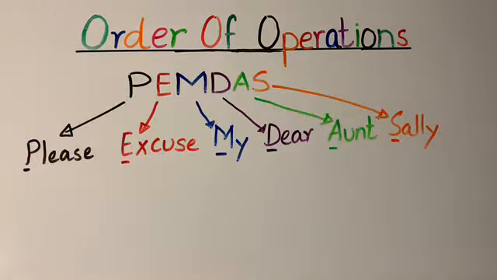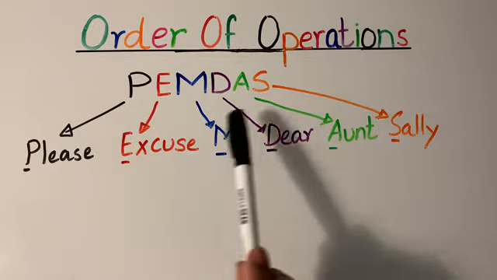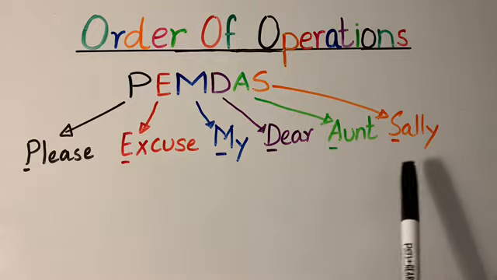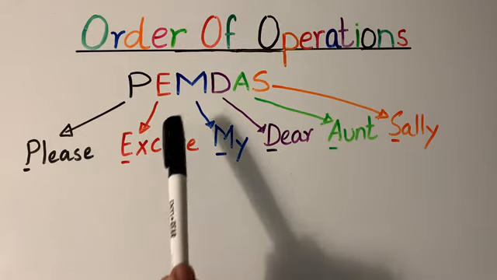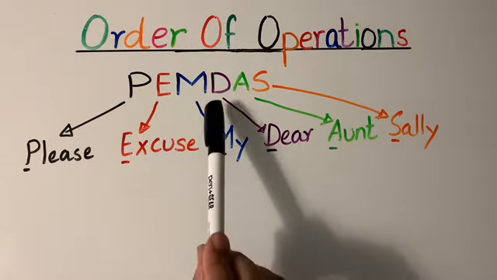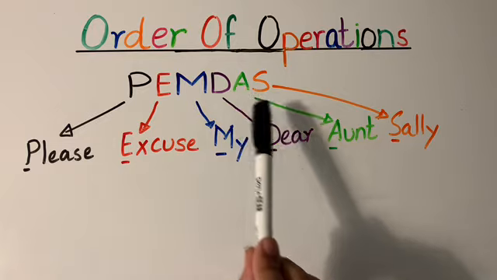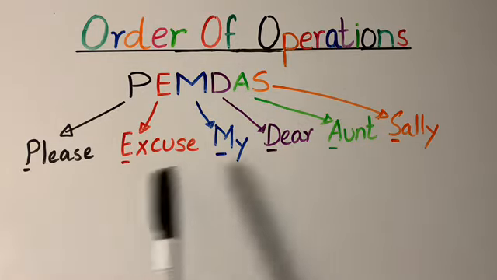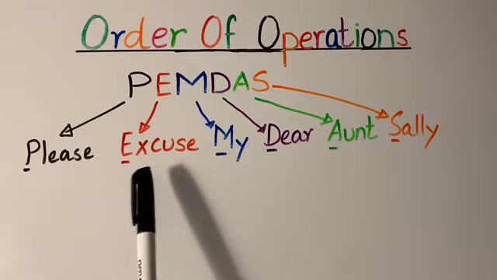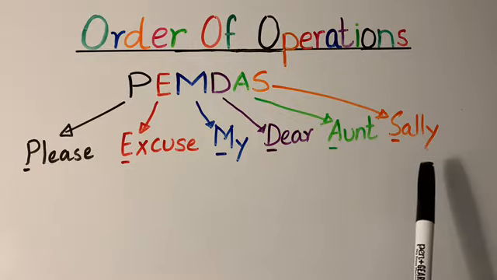Another way to memorize this mnemonic is we can make words from each letter, and when we combine these words, we make a sentence. P like please, E like excuse, M my, D dear, A Aunt, S Sally. When we combine it, we have a sentence: please excuse my dear Aunt Sally.